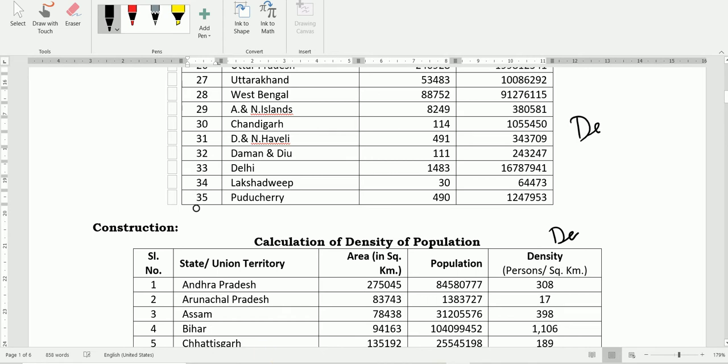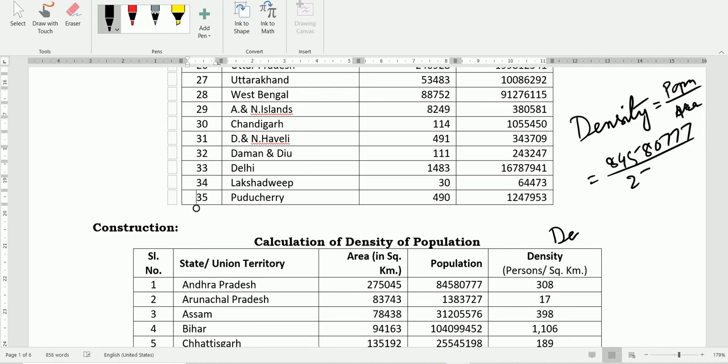For the calculation of density, you now know the formula: population divided by area. And here for Andhra Pradesh, 8458077 divided by 275045, you will get 308 persons per square kilometer.